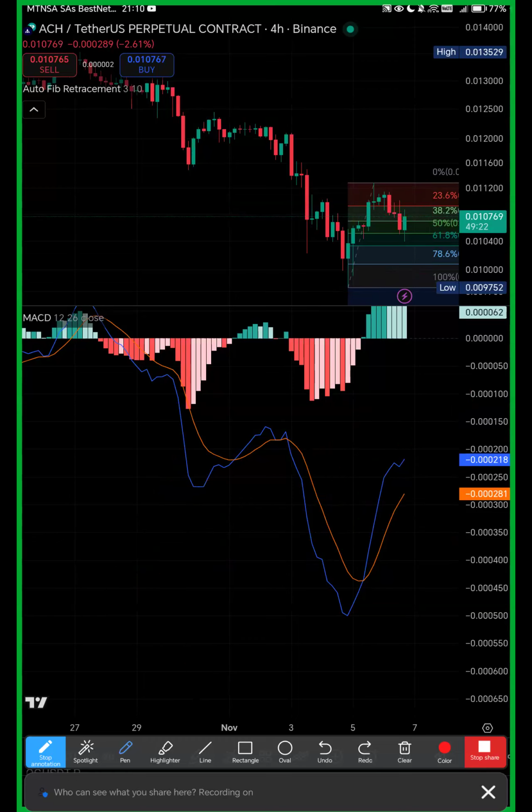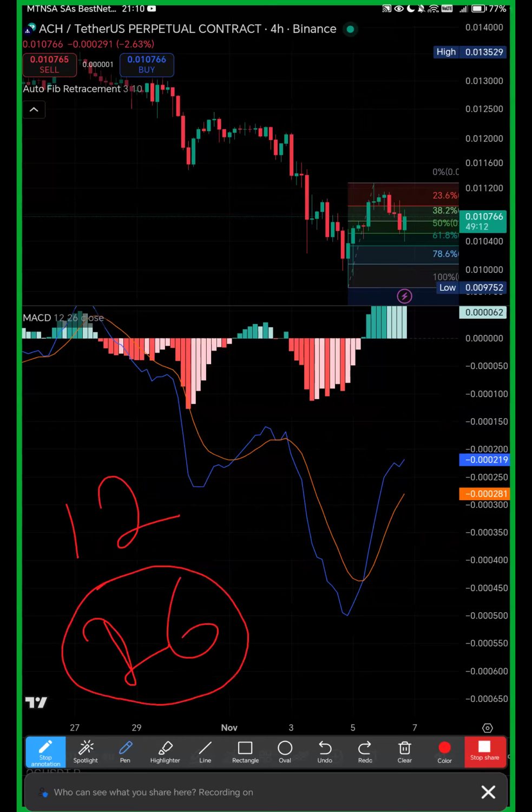So if one line is looking at 12 candles and another looks at 26 candles, it tells you that the one of 26 candles moves slower than the one of 12. The 12 moving average moves faster than the 26 moving average.